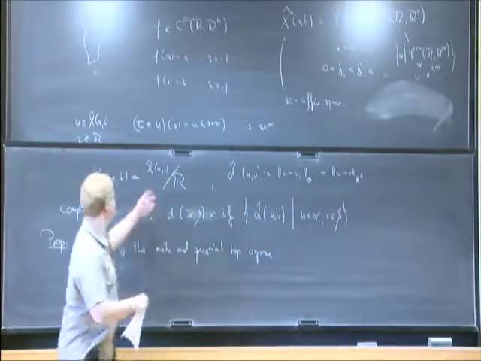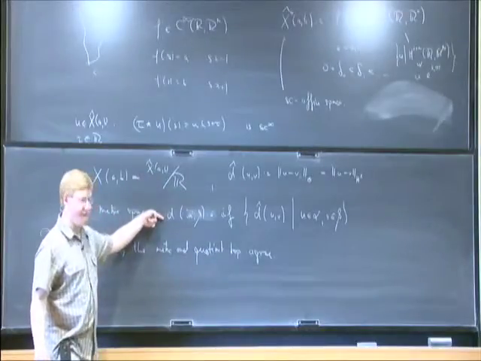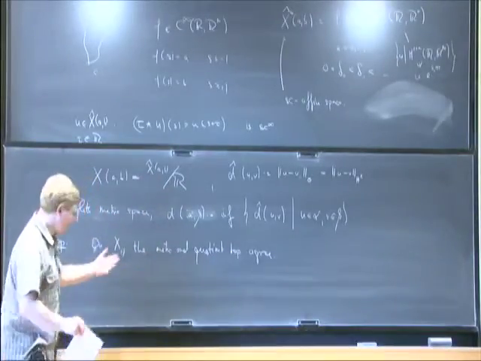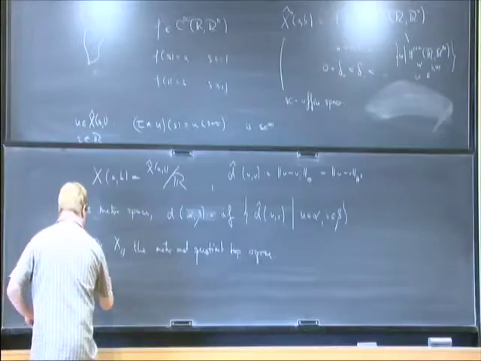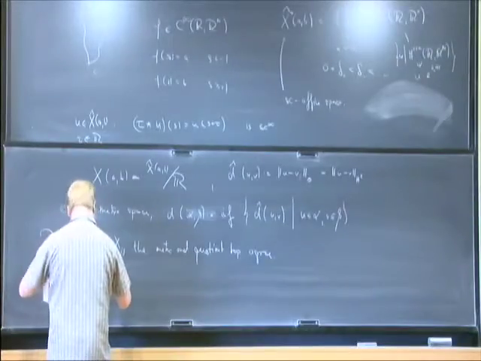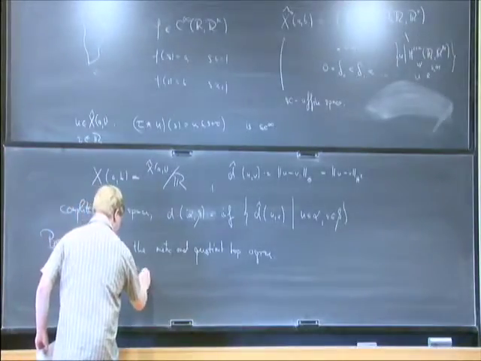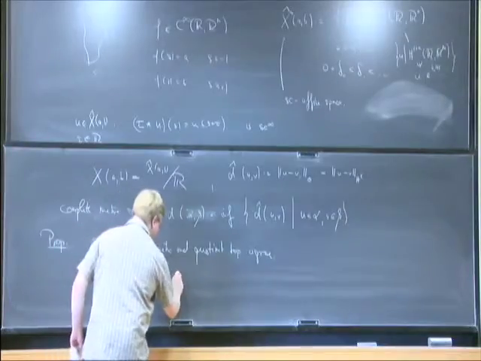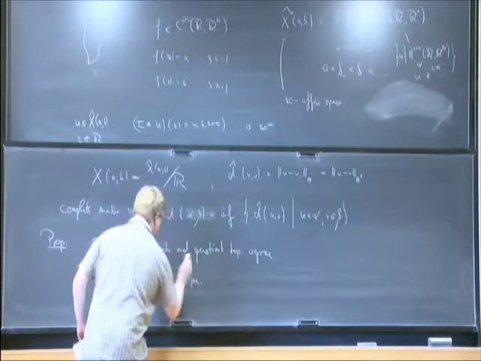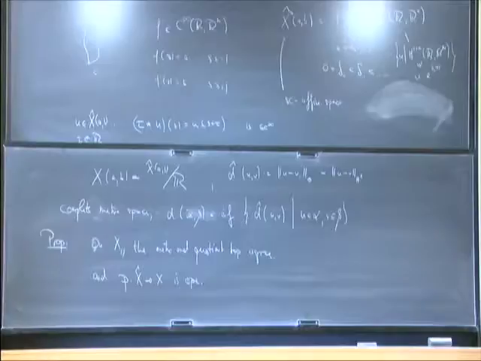You can either take the quotient topology or the induced metric topology, and they agree. And the projection map P from X hat to X is an open map. Okay, so this is the structure from a metric point of view.